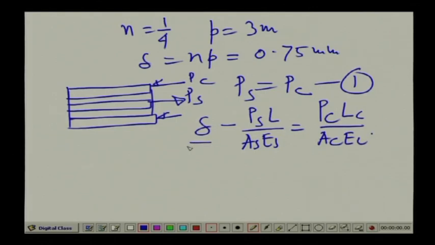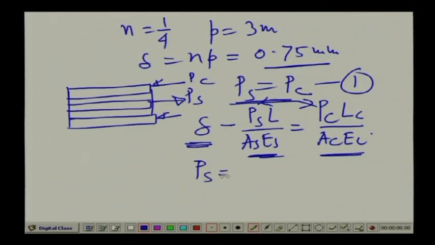This is the deformation that is being exerted by the nut minus the extension of the steel, which should equal the compression of the copper tube. From this, if we substitute the value of delta, which we have already seen, we get another relation between P s and P c, and also we know P s equals P c. From this, P s comes as 80.43 kilonewton.